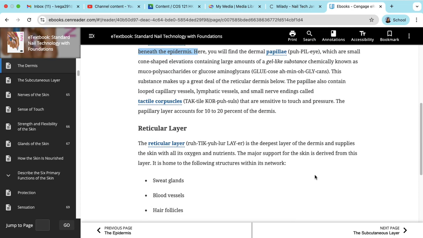The reticular layer is the deepest layer of the dermis and supplies the skin with all its oxygen and nutrients. Remember that we talked about the epidermis before the dermis. The epidermis does have a deepest layer. The dermis has one too. So don't get those confused, please.